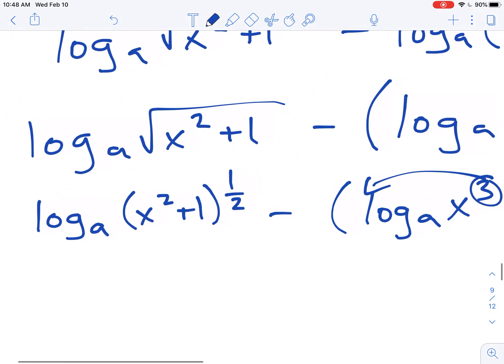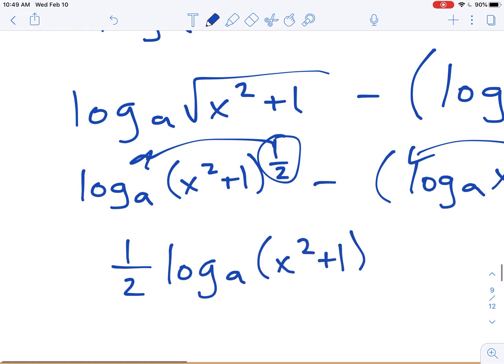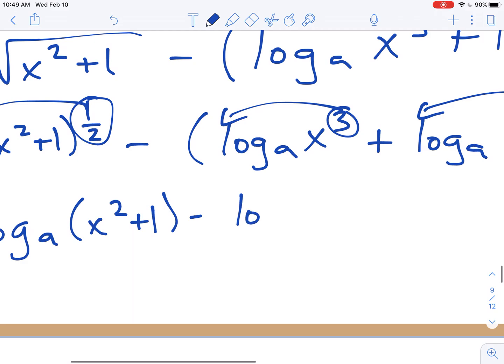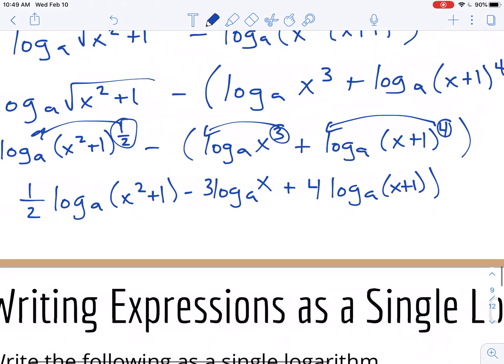Since I've got logs all raised to some power, they can all move out front. And I can rewrite this as 1/2 times the log base a of x squared plus 1 minus, in parentheses, 3 times the log base a of x plus 4 times the log base a of x plus 1. And then end parentheses there.